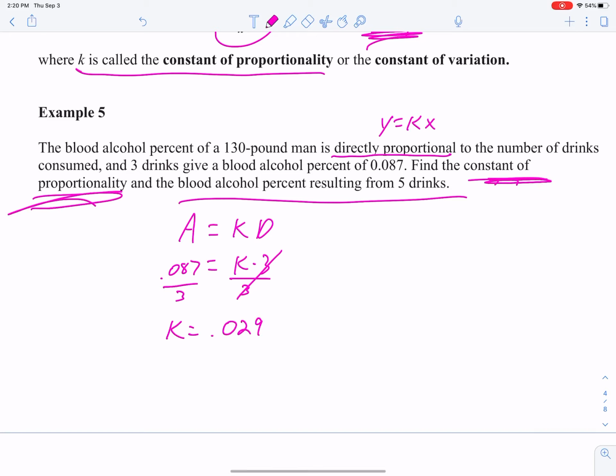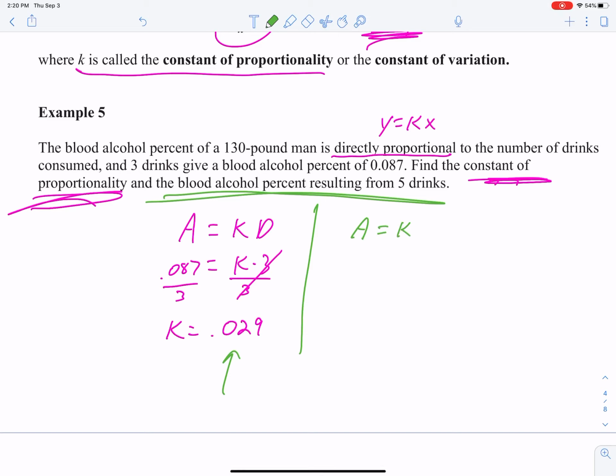So that's the first part we did here. They said find the constant of proportionality. So now what we're going to do is figure out this part here. What's the blood alcohol percent if someone has 5 drinks? So we're going to use the same K value. So again, alcohol is constant times the number of drinks. So let's see, we're trying to find A. We don't know that.